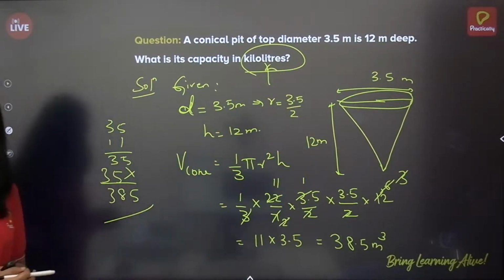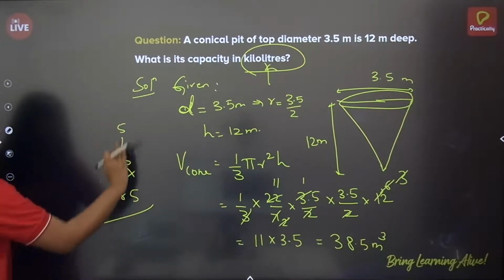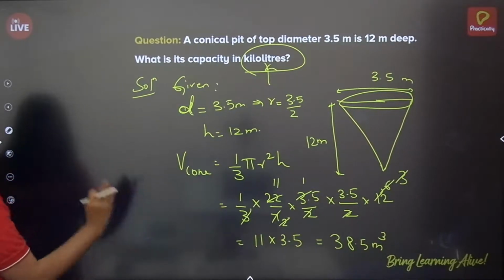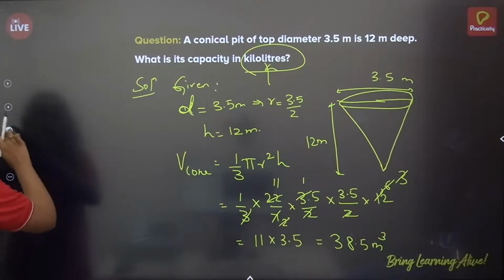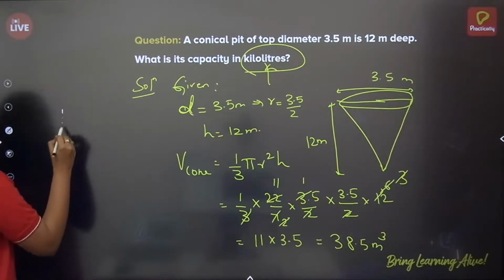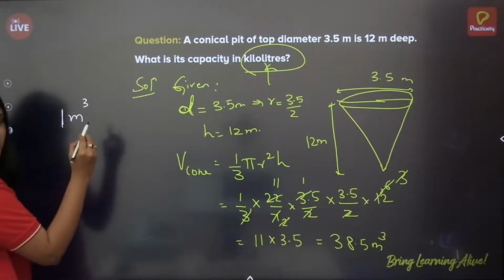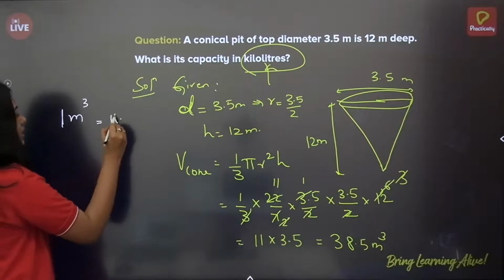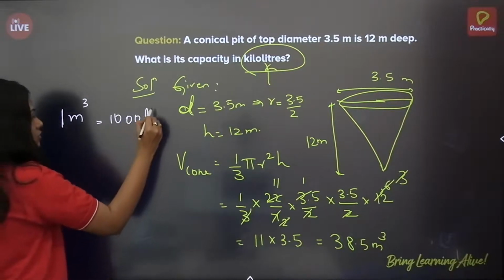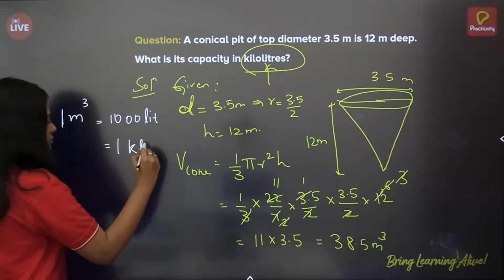Shall we see the conversion? Right. So, let me just erase this rough part, and I will tell you the conversion. So, 1 meter cube is equal to 1000 liters. It's nothing but 1 kiloliter.